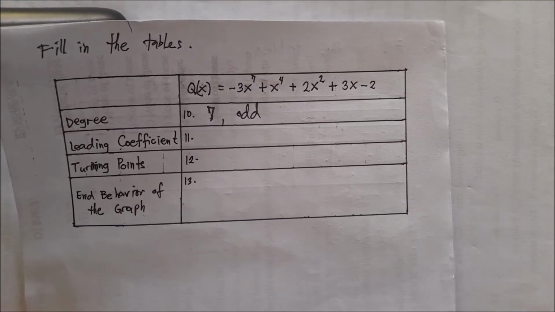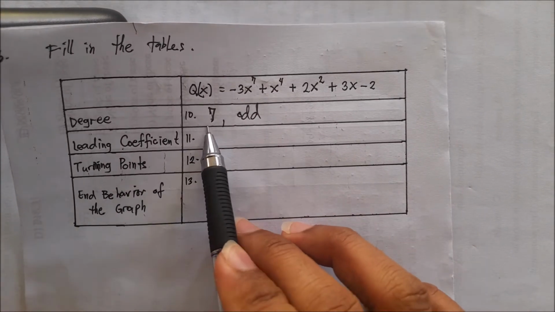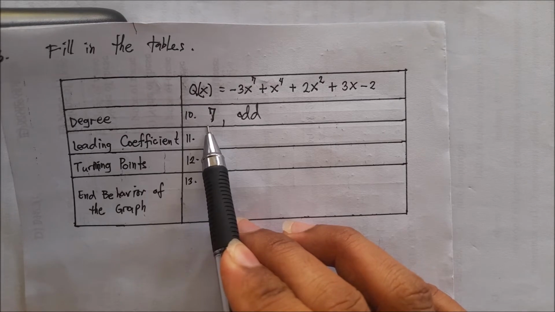It is already arranged from the highest degree to the lowest degree. The highest degree is 7, so the degree is 7, and 7 is an odd number.